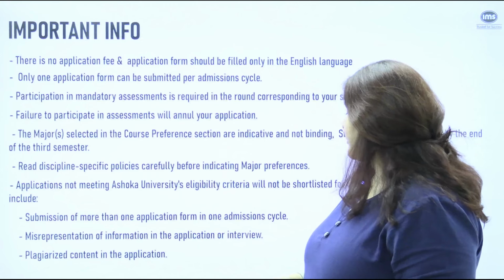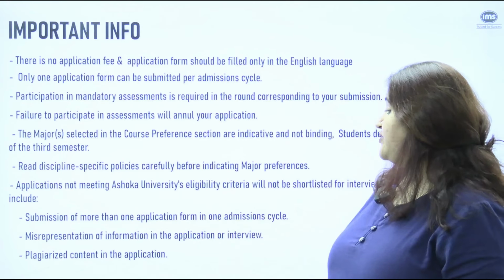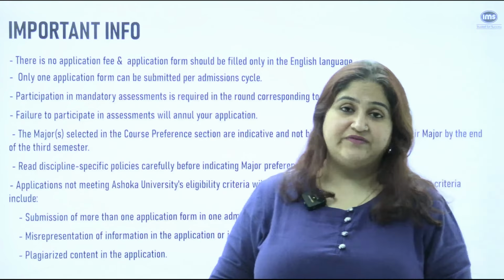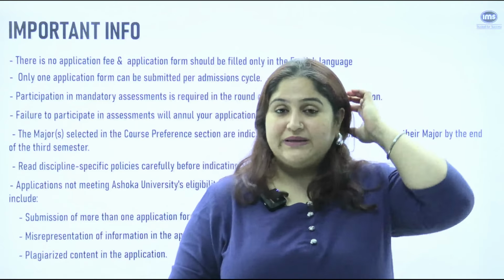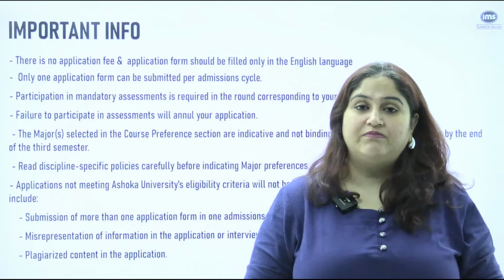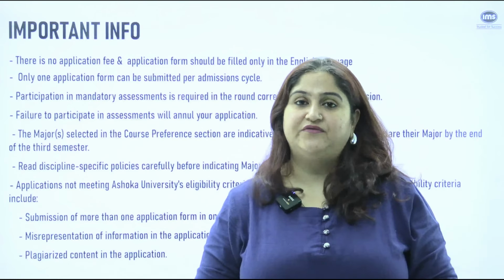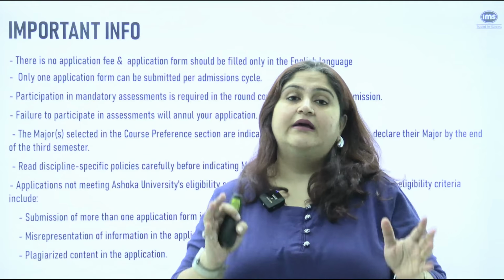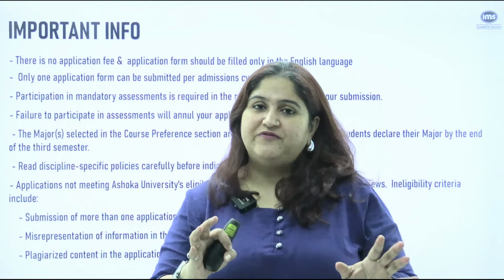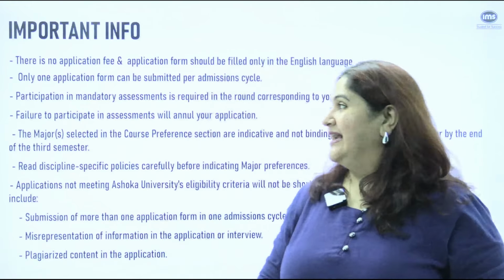Next is misrepresentation of information in the application or interview, and plagiarized content in the application. If there is any information which you are possibly copying from somewhere, be it your essay or anything else, there is a very high chance of your application being cancelled. So be very careful. When you're doing the form, do it ethically.